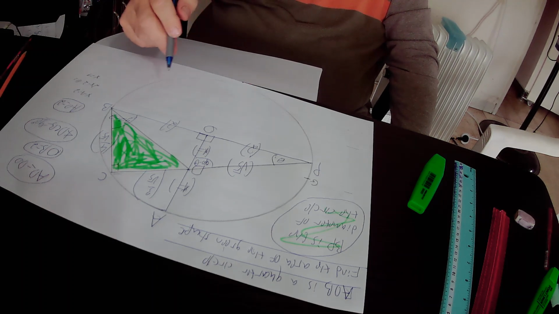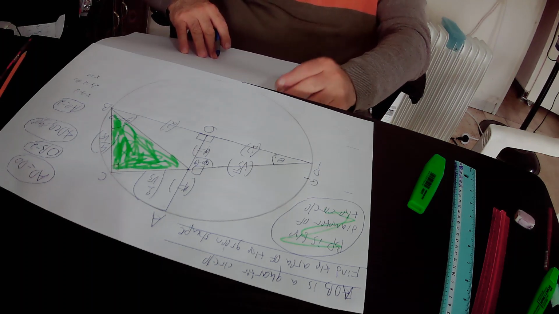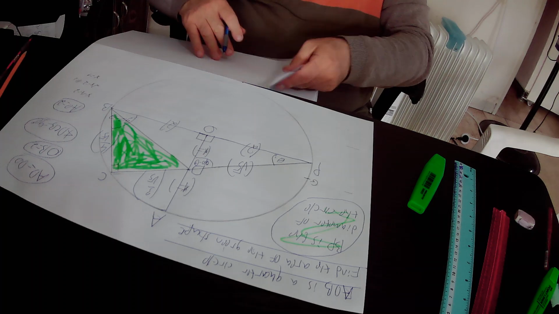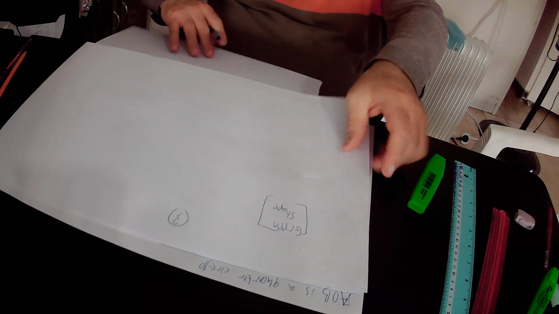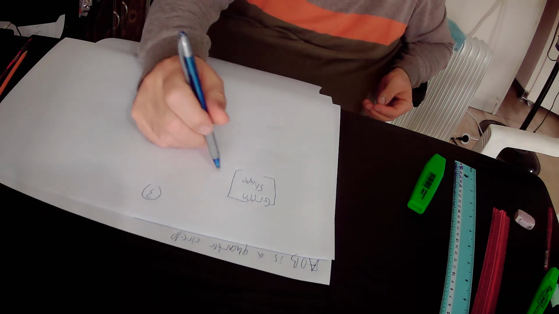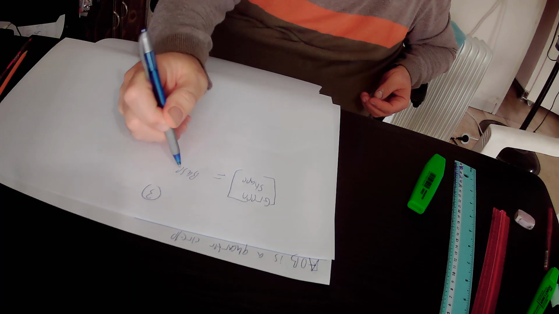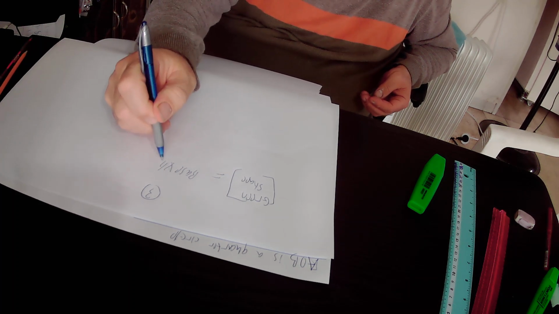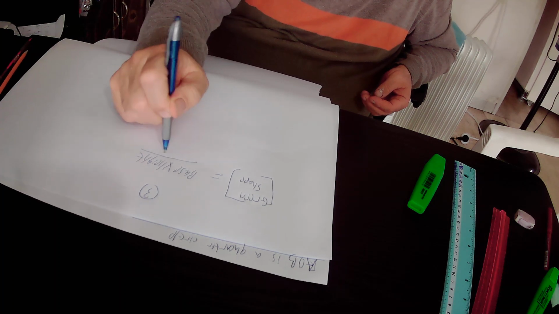Note that the area of any triangle equals the base of the triangle times the height to the base over 2.